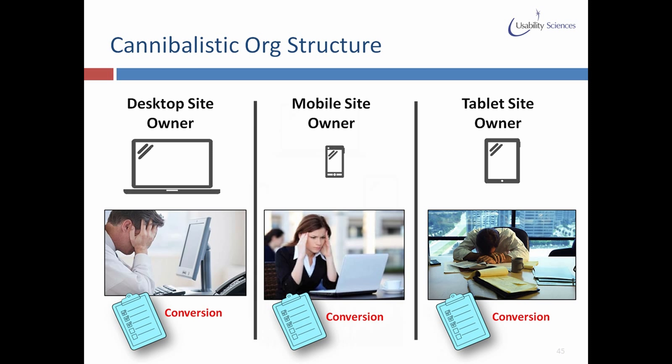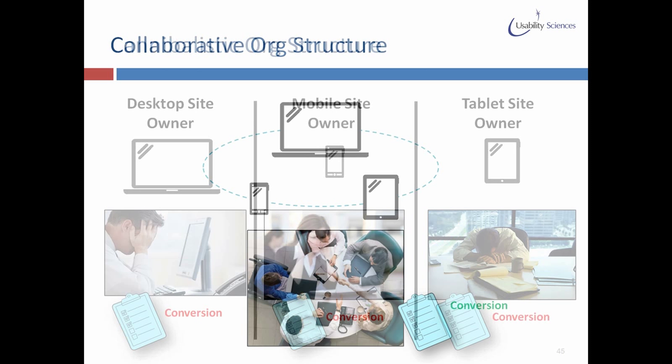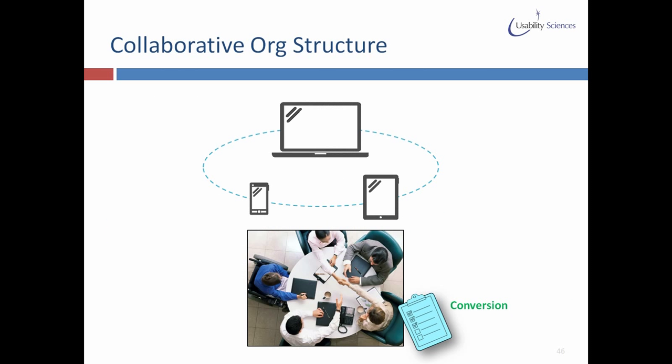What this produces is a very competitive environment where the groups are almost pitted against one another. A more modern way of looking at this organization structure would be a more collaborative format in which the site owners across all different device types are working in a collaborative fashion.